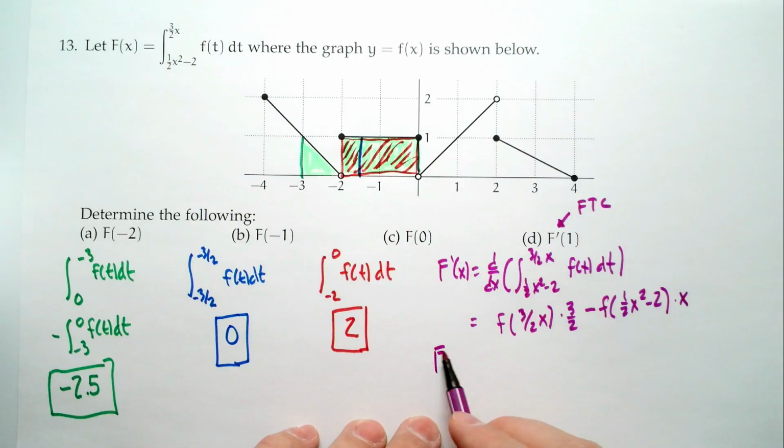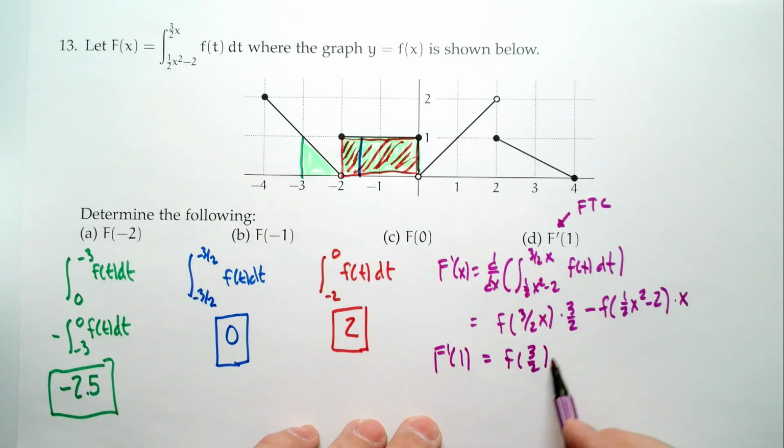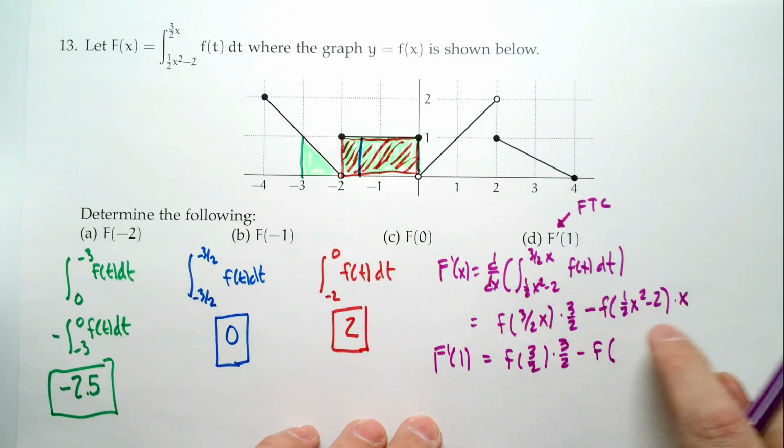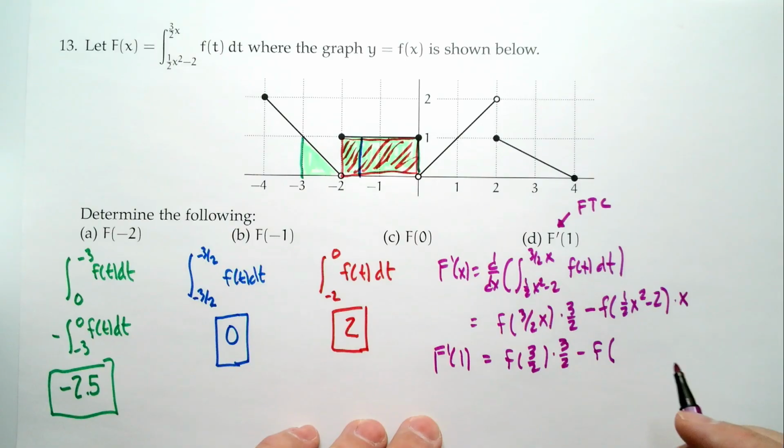So f prime of 1 would be the function at 3/2 times 3/2 minus the function at 1/2 minus 2, which would be minus 3/2, times 1.